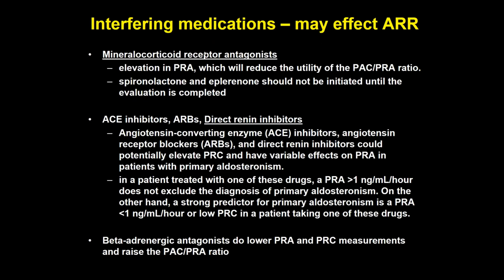The medications which will do this, and the ones I've underlined here, the 2 key ones to be mindful of, is that if we're doing this test, we do not want the patient to be on a mineralocorticoid receptor antagonist like spironolactone or a direct renin inhibitor, one of the newer agents. ACEs and ARBs and beta blockers can all affect the ratio, but to a lesser degree.